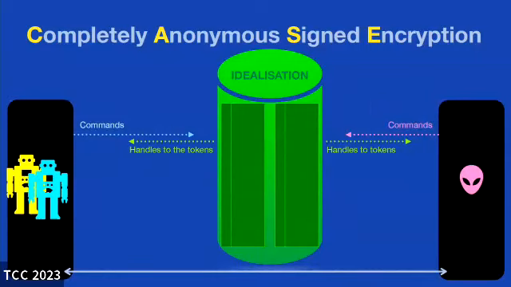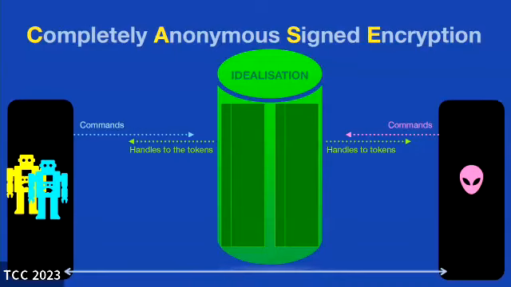We could think of it in terms of a trusted third party or database. The honest users, the senders and receivers, many of them, can create idealized objects. These idealized objects are created inside the database by the trusted party, and it just gives out handles to the users to operate on them.